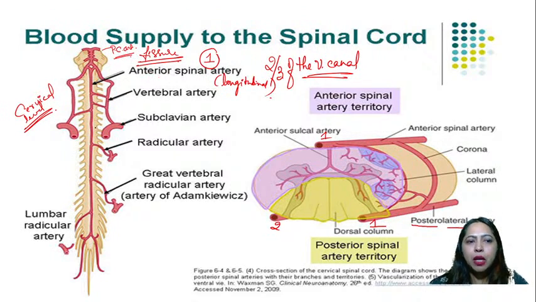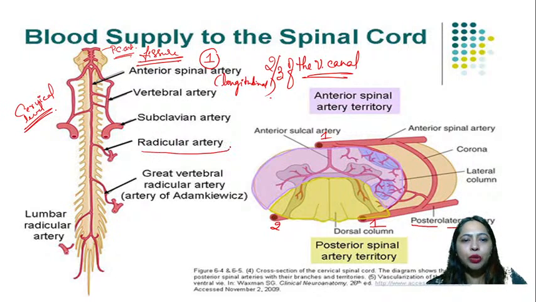Okay, so this is how it shows. And you can see that up to here, it is fine. Anterior spinal artery and posterior spinal arteries will supply. But later on, the blood supply becomes insufficient. Okay, we'll see what other arteries contribute to the supply of the spinal cord. There is something called radicular arteries.